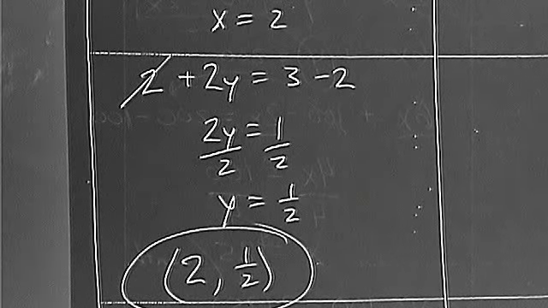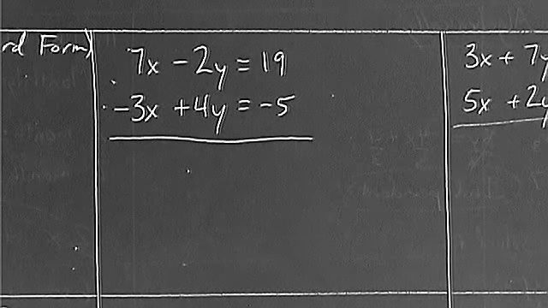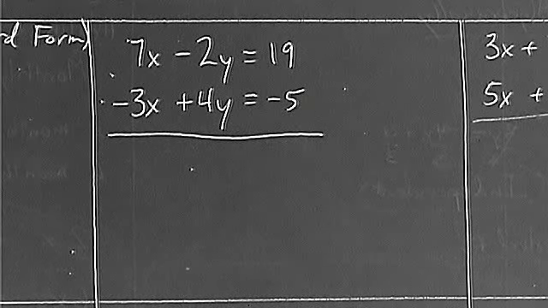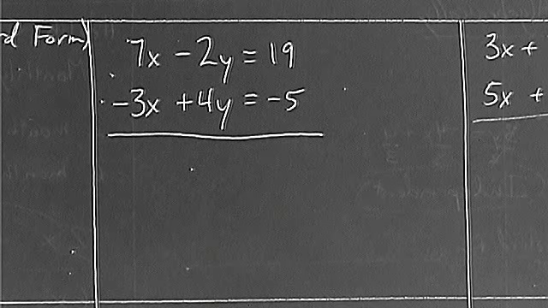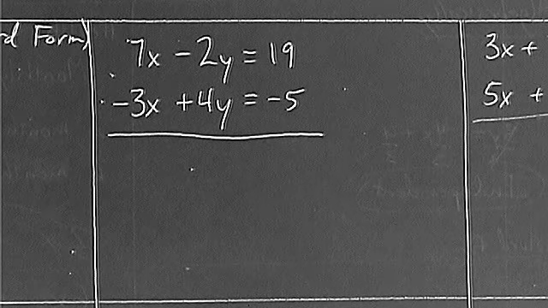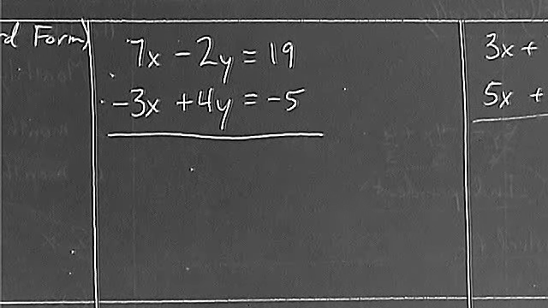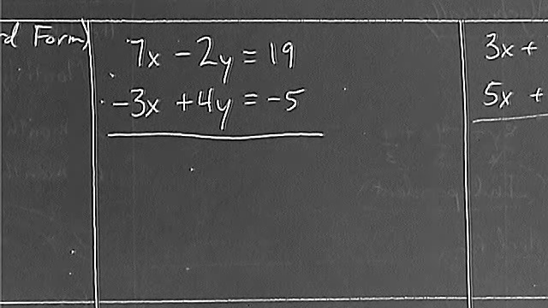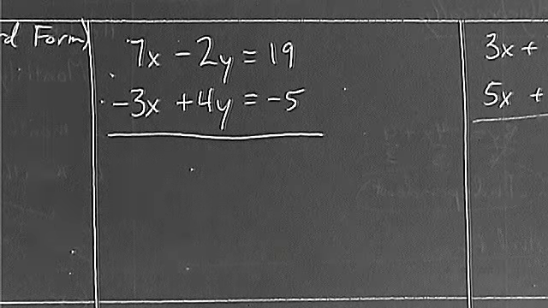All right. Let's do a little bit more complicated example. So here we have a line, and I ask myself the question, can I add them together right now and get rid of one of the variables? And the answer is no, I can't. So I'm going to have to pick a number to multiply one of the equations by, or maybe even both, but in this case only one equation is going to have to get multiplied in order to find something that will help me.